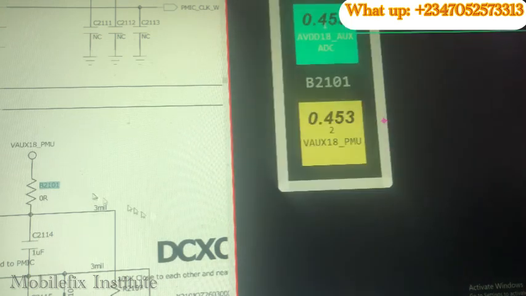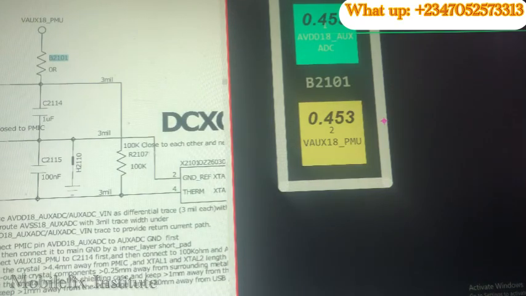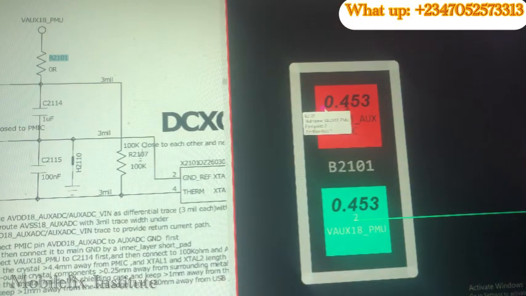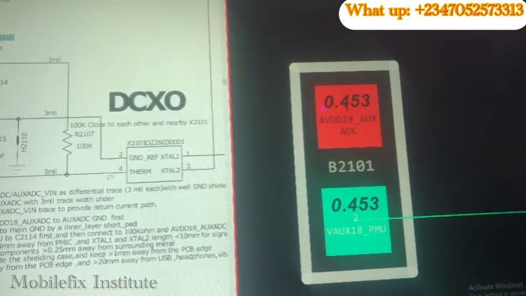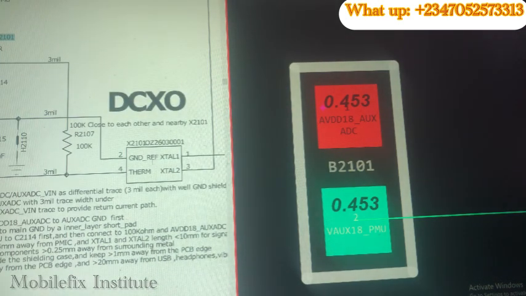So now on this 100k resistor, on one side you will get 1.8 volts. Then on the other side you should get, let's say, 0.6 to 0.9 volts. It should divide, because inside this crystal there is a divider circuit at work. That is a sense resistor, let's call it the NTC resistor inside.